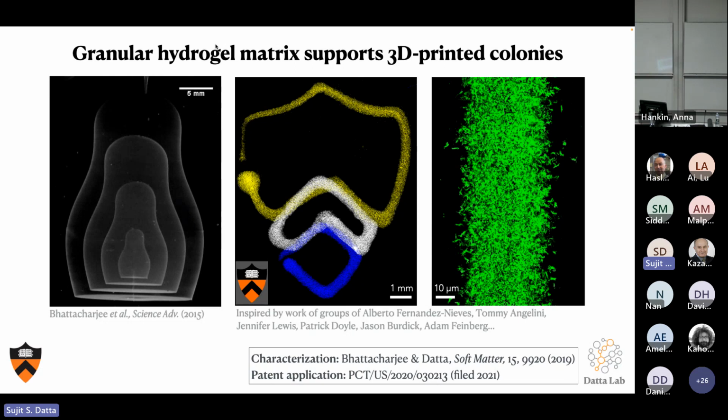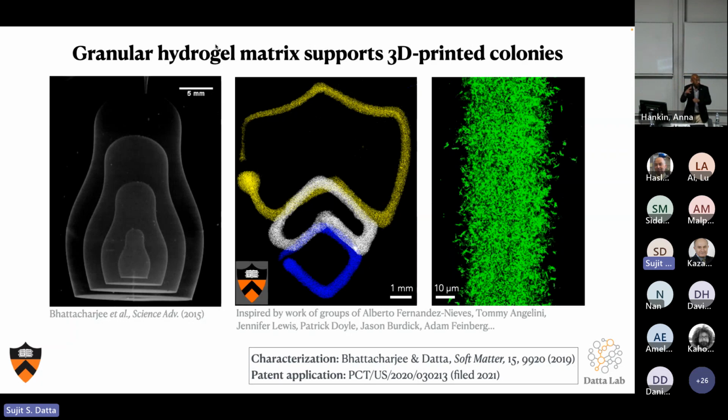We were inspired by related approaches people have developed to 3D print mammalian cells and tissues and organoids. We've now hacked this approach to 3D print microbial communities and microbiomes, right? So we're having a lot of fun engineering designer microbiomes. If you're interested in engineering a microbial community of a given structure and a given composition, come talk to me. We'd be interested, right? Of course, we had to 3D print the Princeton shield. These different colors are different layers, right, inside the media, because otherwise I wouldn't have gotten tenure, right? But we make these out of bacteria.